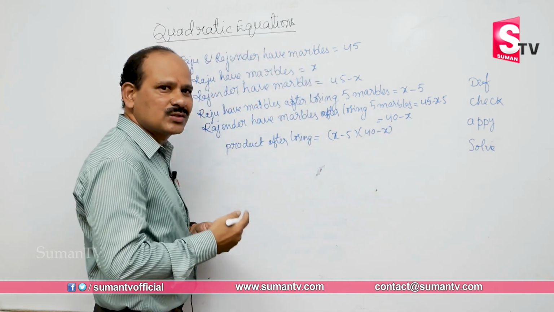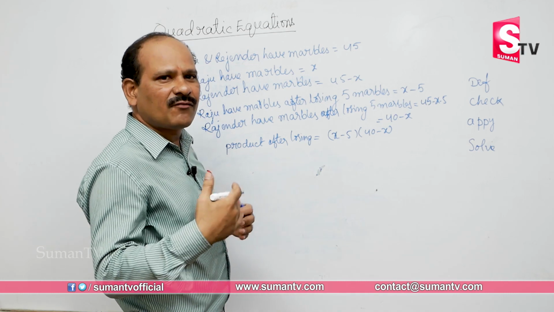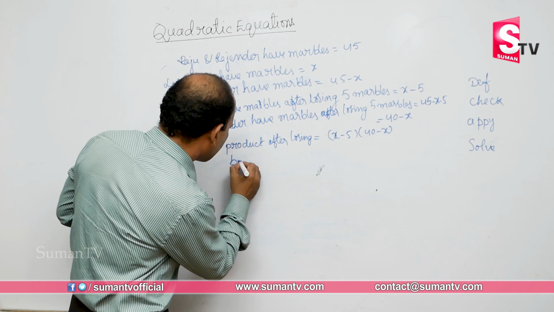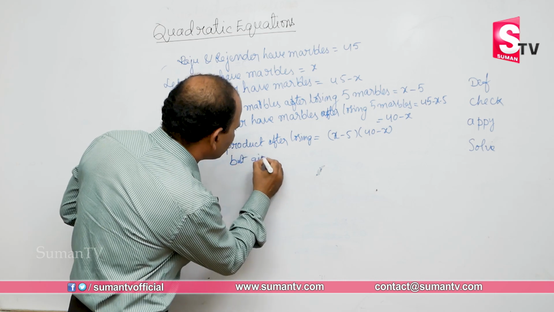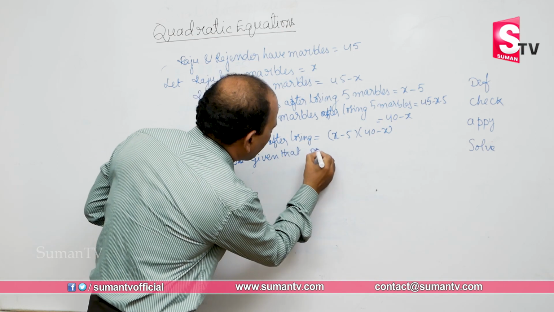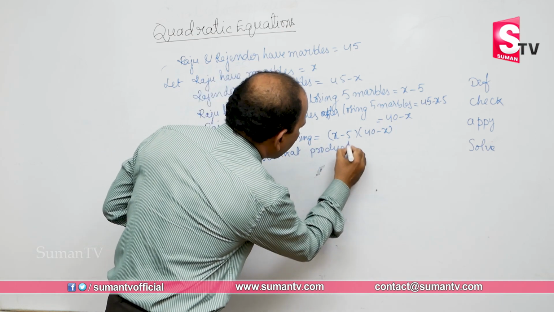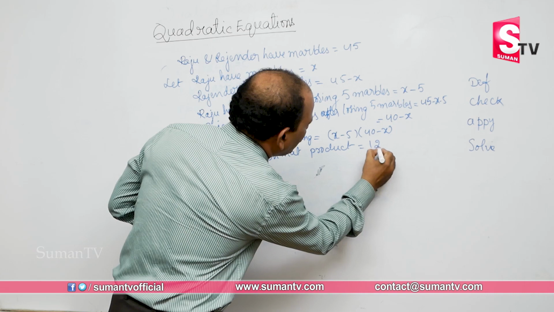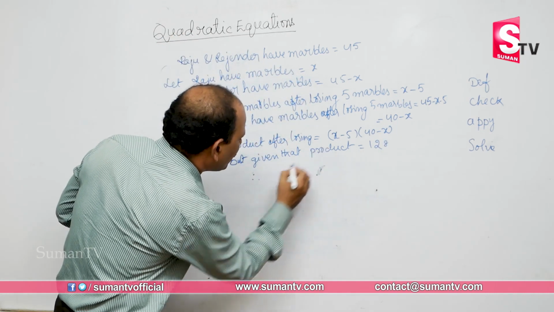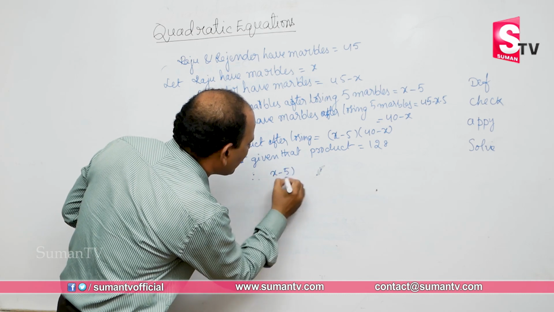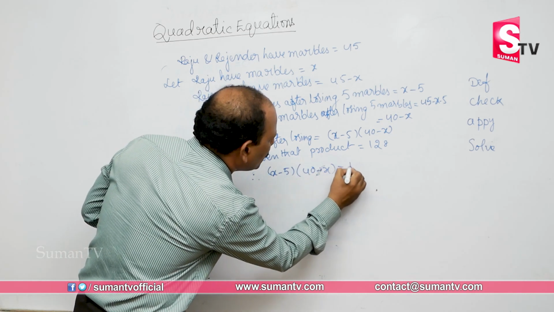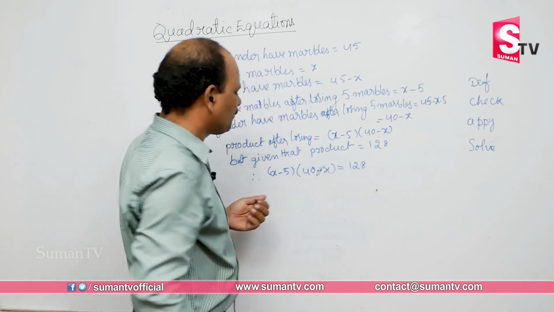But it is given in the question that after losing the 5 marbles, the product is equal to 128. Therefore, x minus 5 into 40 minus x is equal to 128.